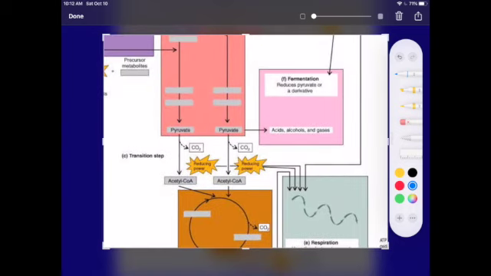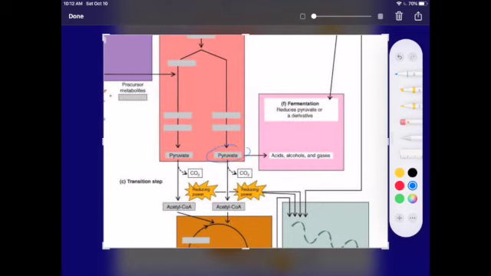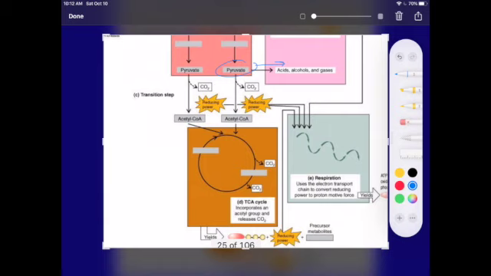All right, glucose will break things down into pyruvates. If an organism is more of a fermenter, those pyruvates will be reduced via fermentation. We'll talk about that later. But otherwise, there is the transition step, or the intermediate step, which causes the pyruvates to form acetyl-CoAs. Acetyl-CoAs go into the citric acid cycle here.